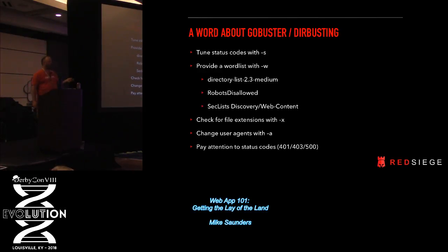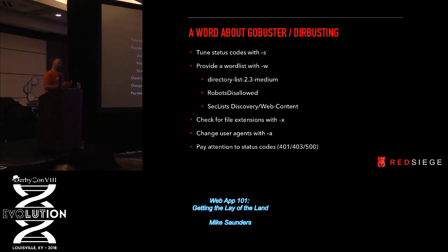Also, check for more than just directories. Check for content, so use the -x flag to specify your file extensions. On a .NET website, that might be ASPX, ASP, or ASHX. But we're also looking for things that are left around from troubleshooting, like .log, and from upgrades and installs, like .sql, .txt, .bak.